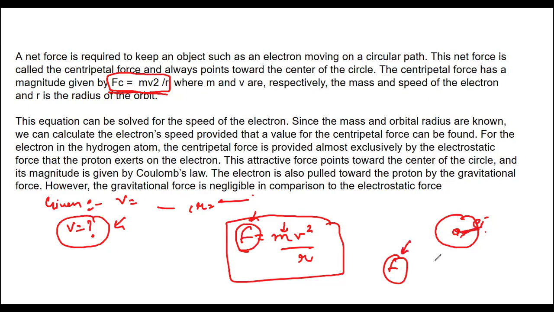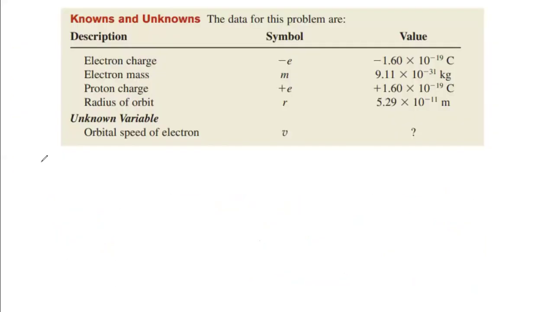I can easily apply Coulomb's law, which looks like this, and find the value for F, and then that value of F can be used over here to find the value of V. Feel free to pause the video and try it on your own, and I hope you did that. And here's a quick overview of the solution.